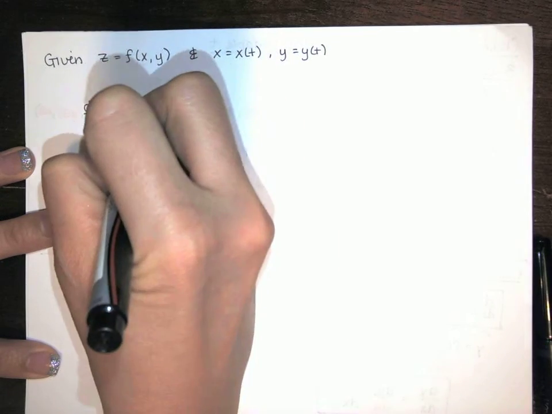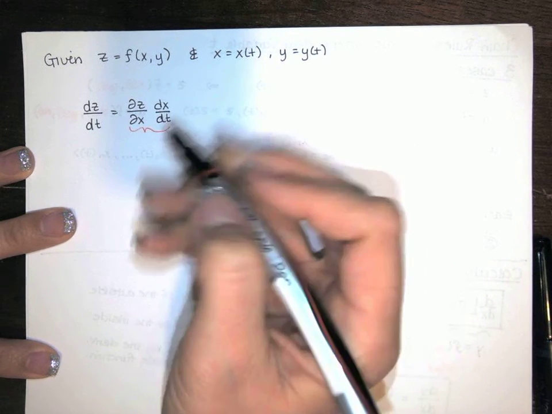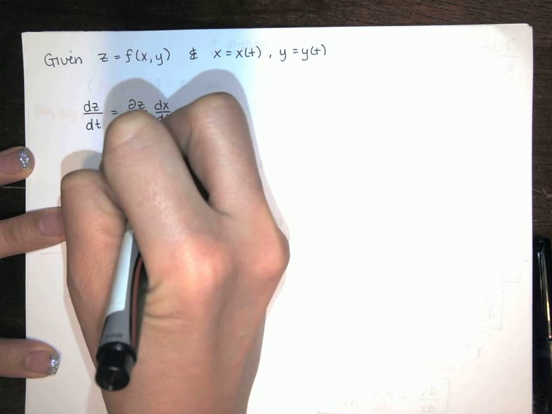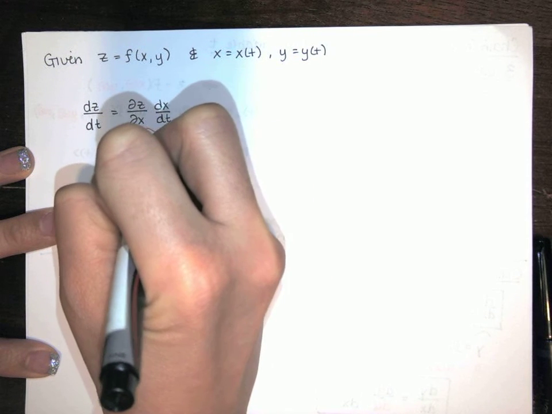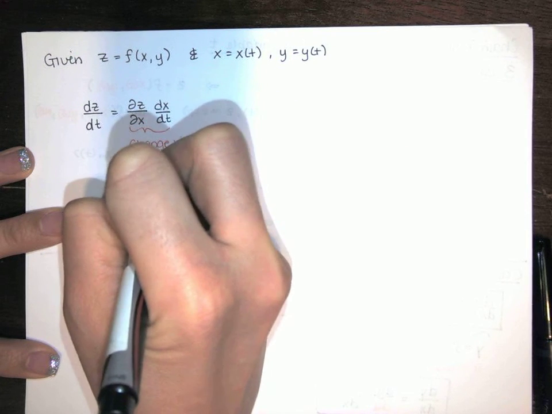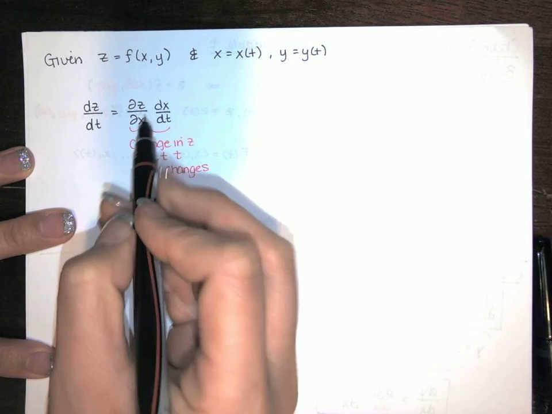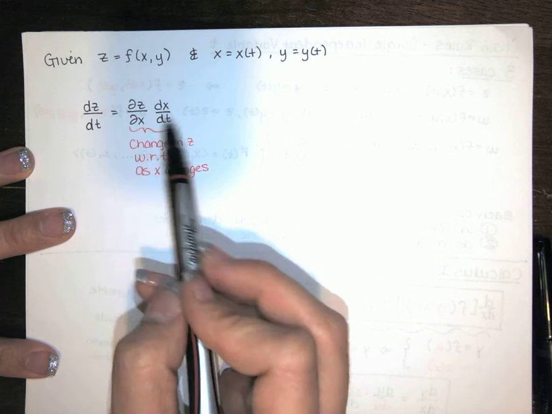This is going to give me the change in z as x changes with respect to time, with respect to t. So if x is changing by a little bit, the z is going to change accordingly.